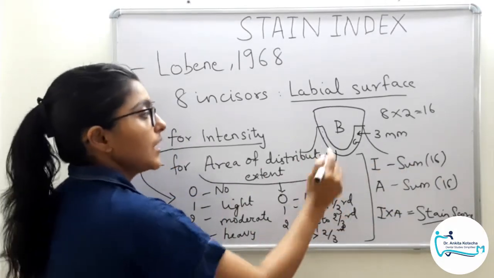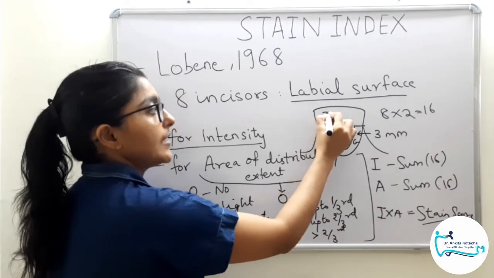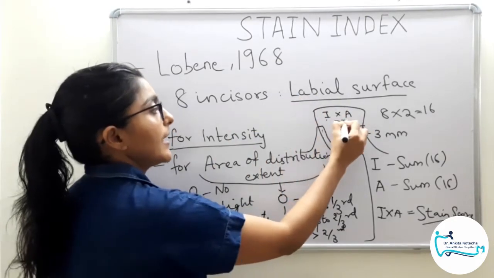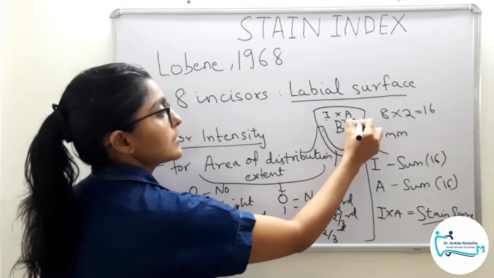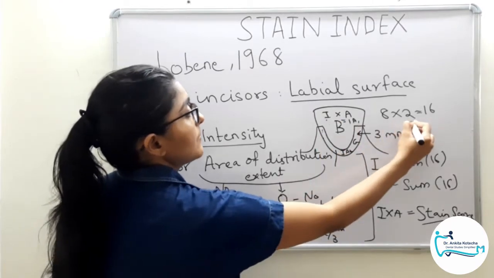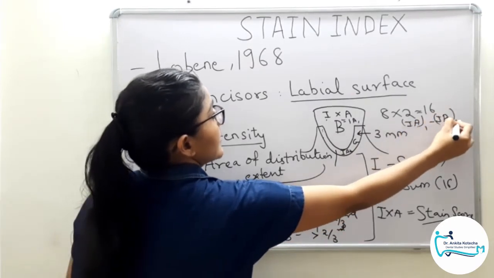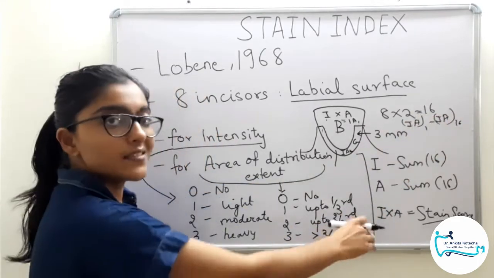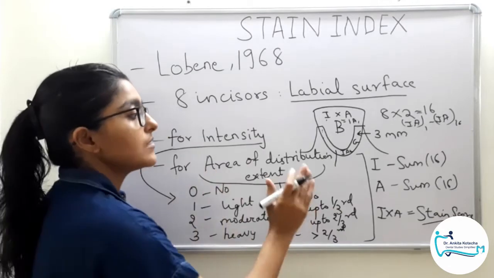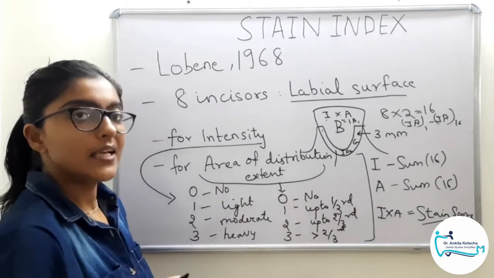For each individual region, the intensity score and area score are multiplied, and hence we get a score IA, such as IA1, IA2, and so on up to IA16. This is intensity into area, and the product of both is called the stain score.